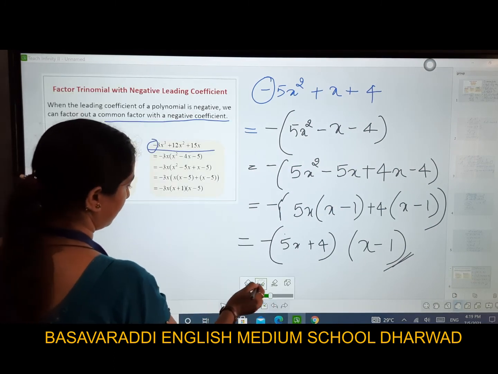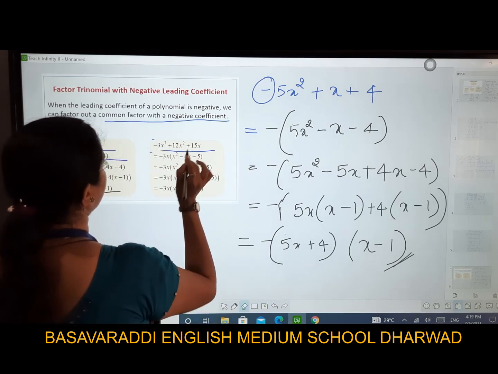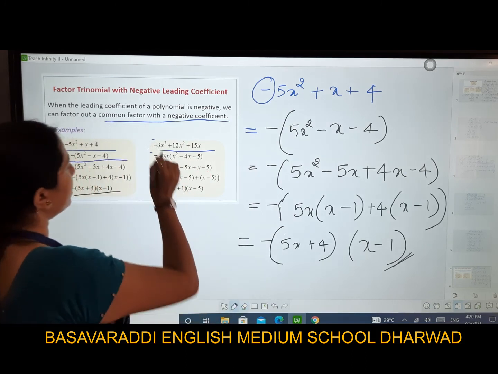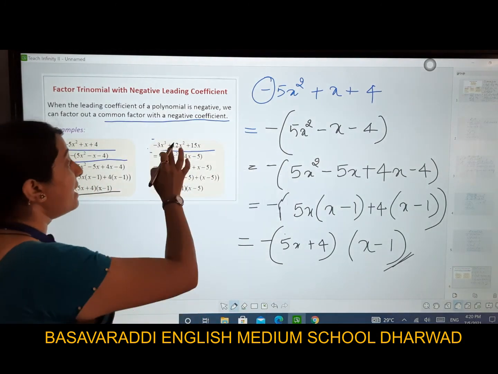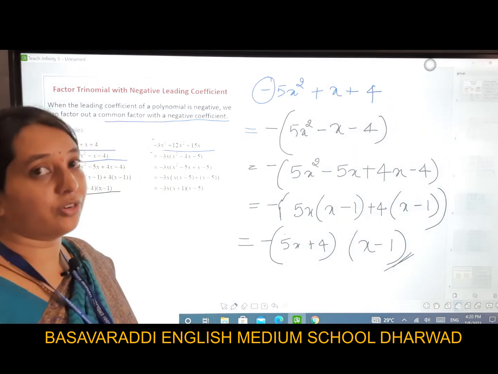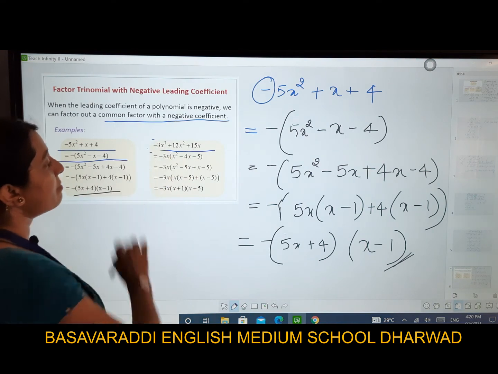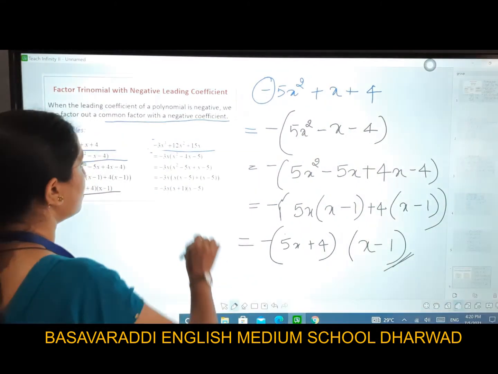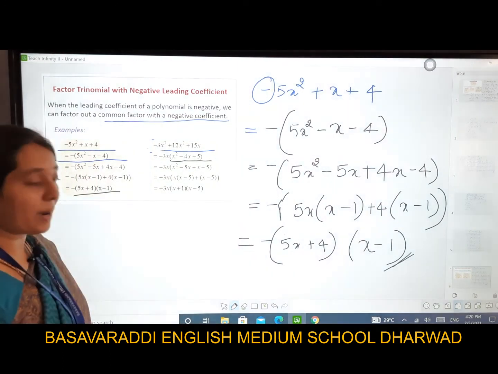Yes, I'll just erase it. Okay. So here they have given minus 3x cube plus 12x square plus 15x. So here what they have done is they have directly taken minus 3x as common. So what are we left with? X square minus 4x minus 5.